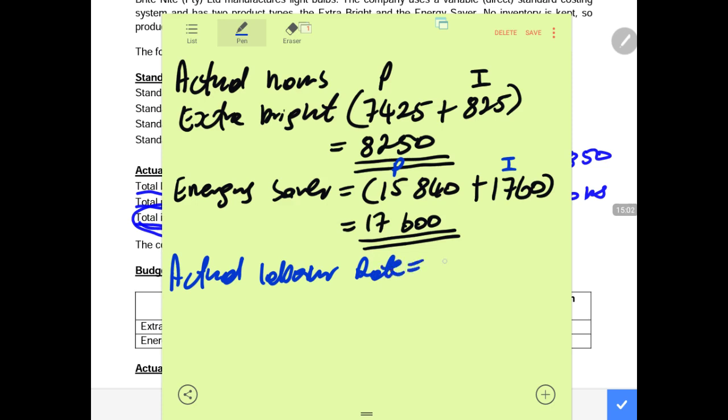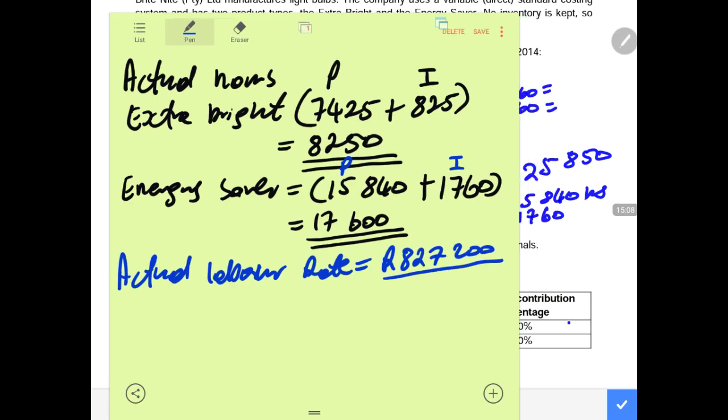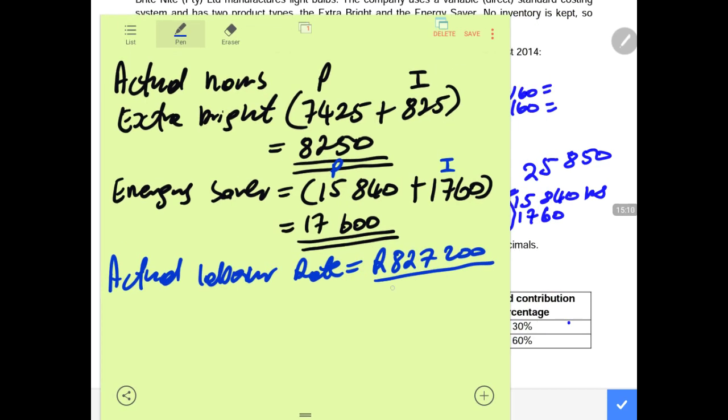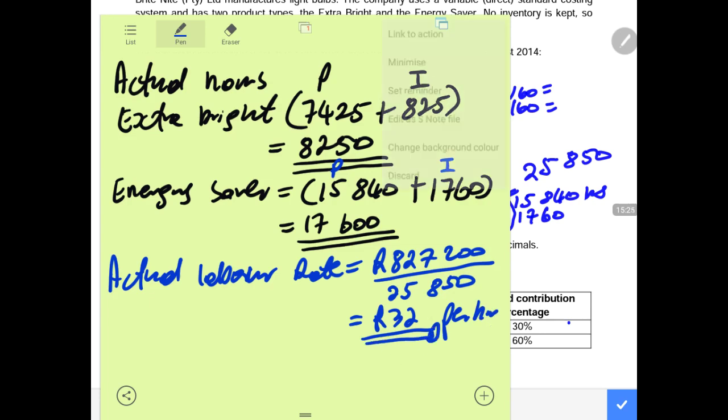Our actual labor rate will be 827,200. Divide this by 25,850, and this gives us 32 rand per hour. So now that will be our actual rate of labor.